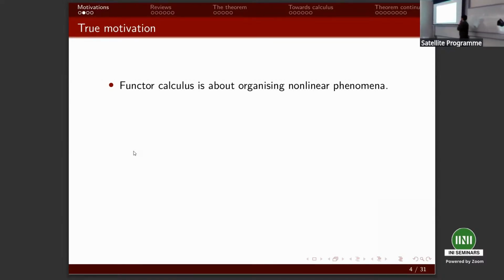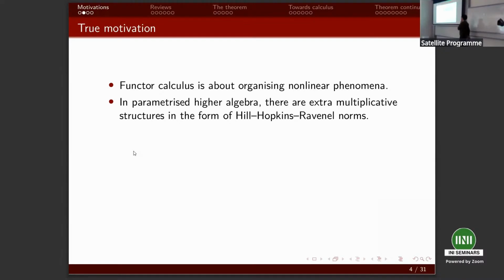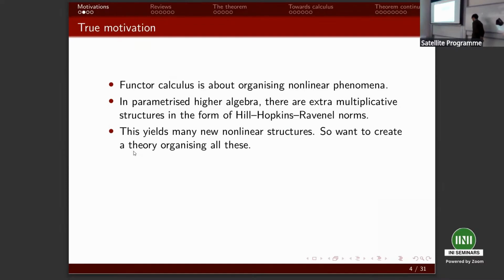On the other hand, throughout the week, we've seen that in equivariant homotopy theory, there are some other more exotic forms of multiplicative structures in the form of norms. And so it becomes natural to dream that you might be able to create a theory to organize all of these things and treat them in the most native way possible.